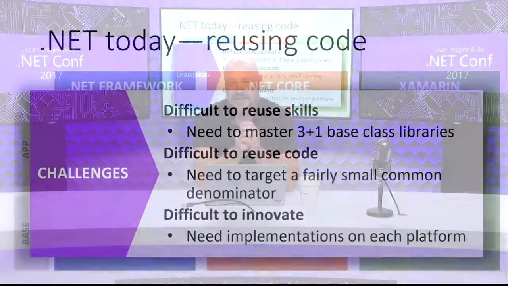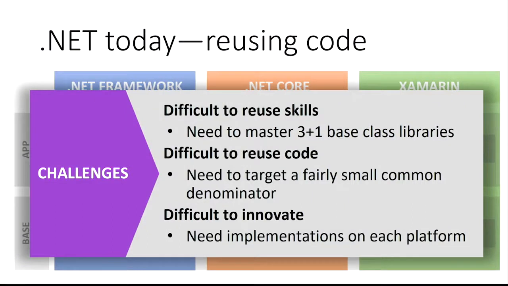It's difficult for you to reuse your skills and your code because you've got to master all 3 of these different frameworks as well as 3 different base class libraries. It's difficult for you to share and reuse the code that you've written. And it also slows us down at Microsoft, because when we write some new exciting features for you, they'll probably come out in .NET Core first, and then you've got to wait while we repeat that effort to get them running in those other frameworks as well.